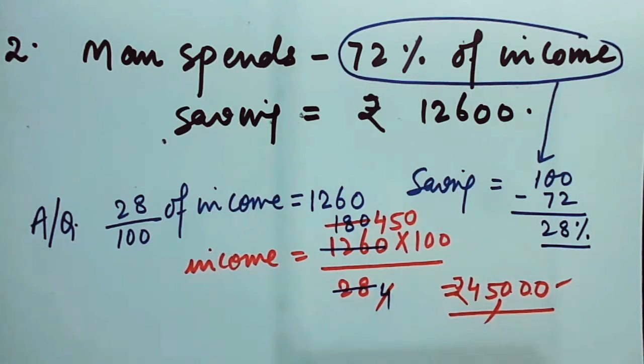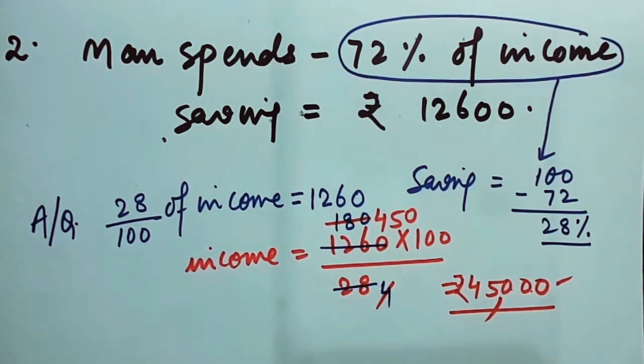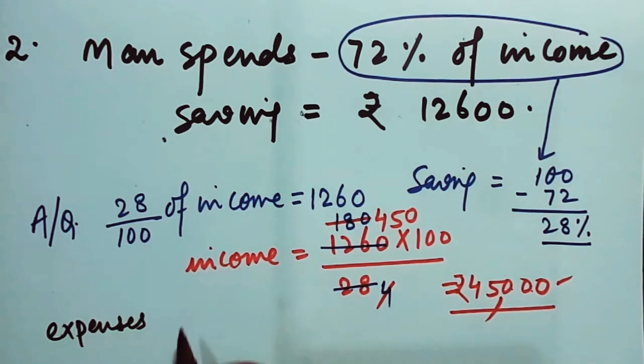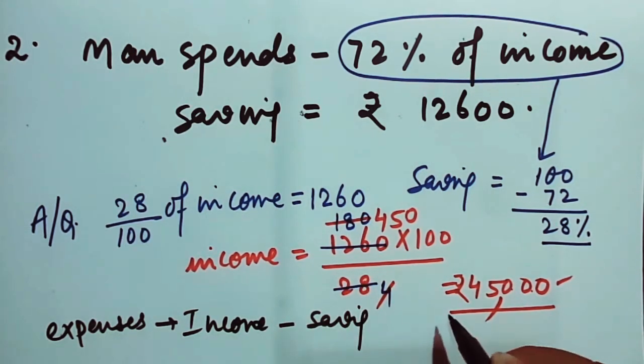Now, once again, what are they asking? They are asking us his monthly expenses. Kitna kharch hua? Expenses. So his expenses are equal to income minus saving. What was his income?